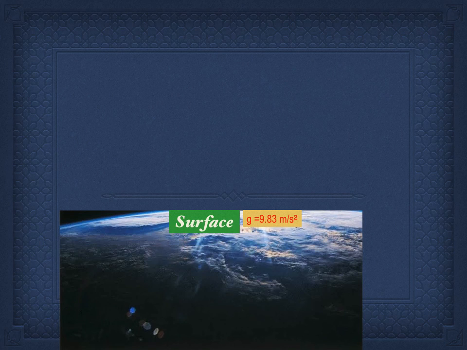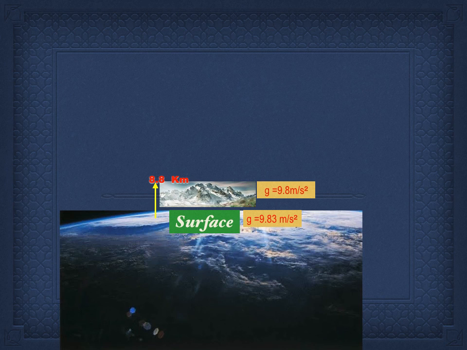Now, as you can see in the picture, we know that the value of g on the surface of the earth is 9.83 meter per second square. Now suppose there is Mount Everest, which is at a height of 8.8 kilometer. The value of g is 9.8 meter per second square, so the change is negligible.